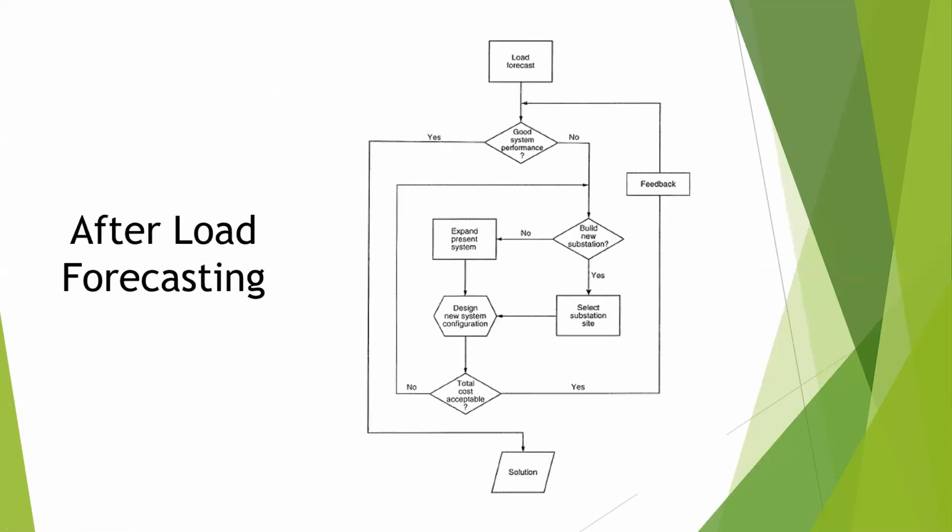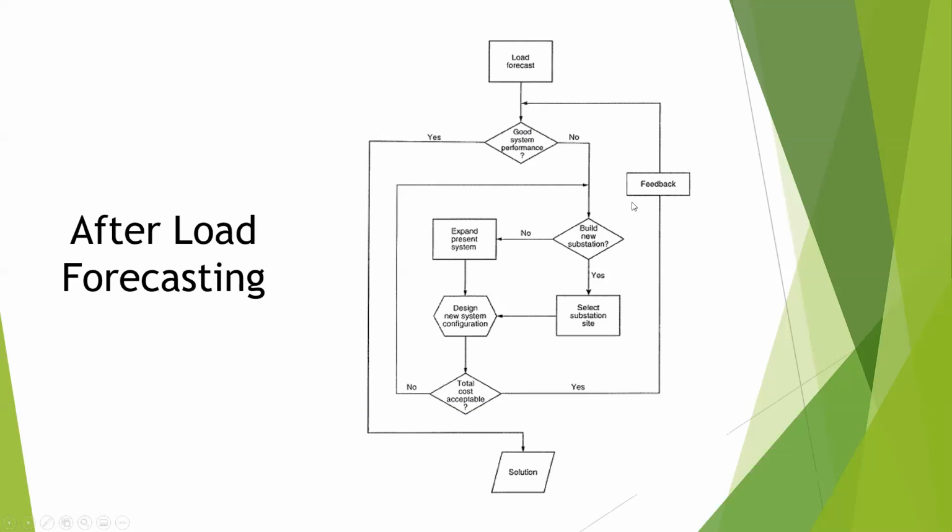This is a diagram of what we are going to do after load forecasting. Good system performance means what we are going to learn in this lecture: voltage drop criteria and short circuit criteria. If all those things are good, we can go ahead with the solution. If not, we will have to set new design parameters and make a new design.